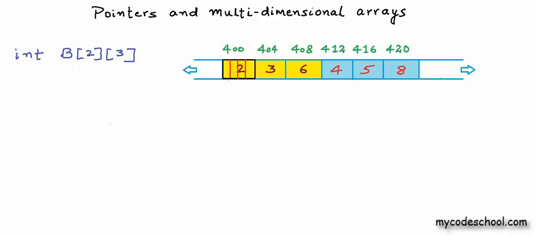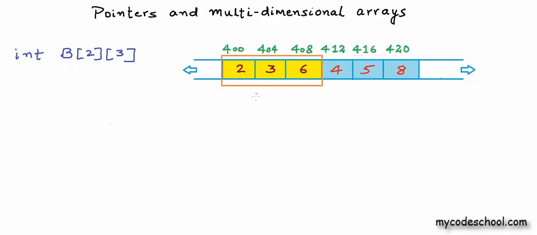You can imagine a block of 4 bytes something like this. The starting address is 400. Let's say each partition here is 1 byte. So the next byte has address 401, and the next one has address 402, and the next one has address 403.